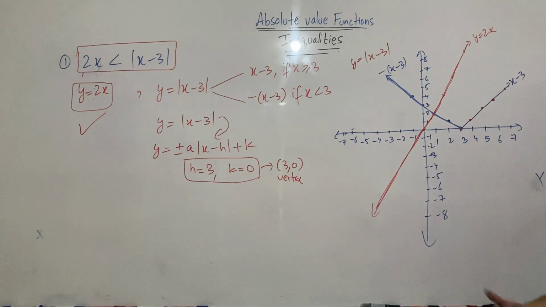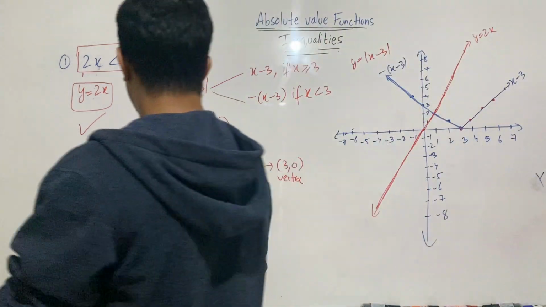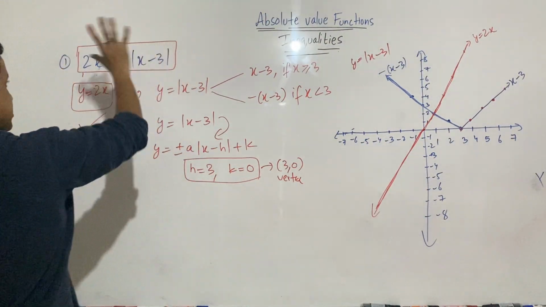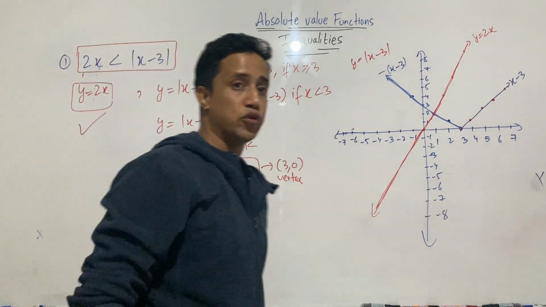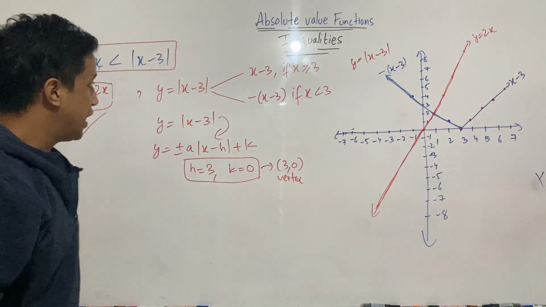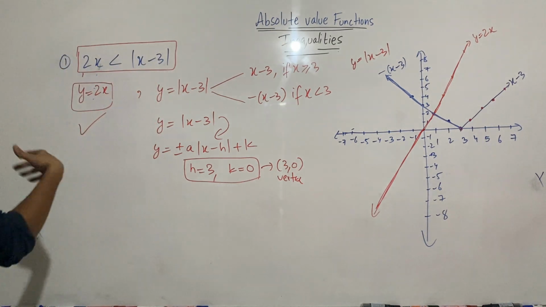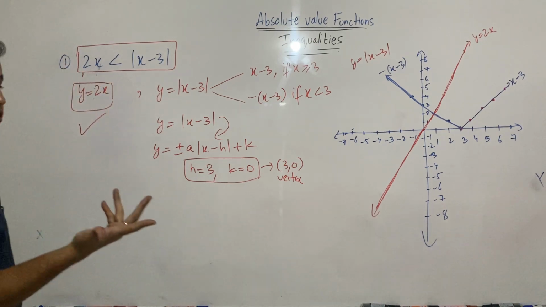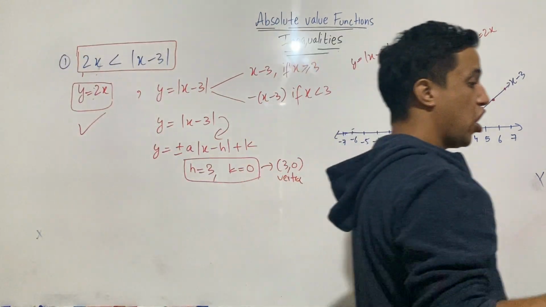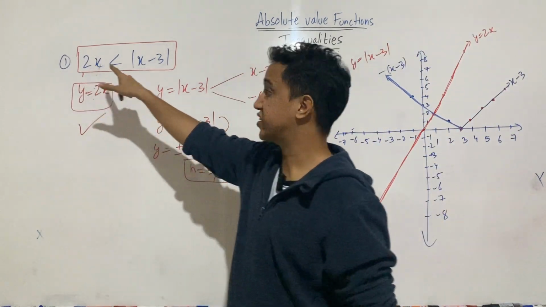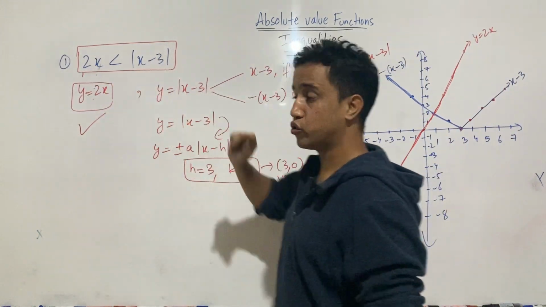Okay. Now, see here, we got the graph for y equals 2x and we got the graph for the absolute value function x minus 3. Now what we need is to sketch, or solve, this inequality which says 2x is less than this absolute value function.